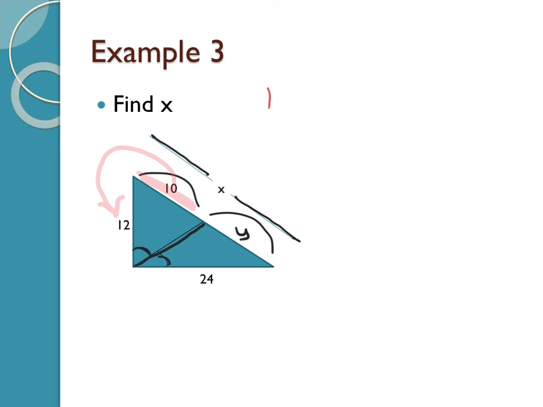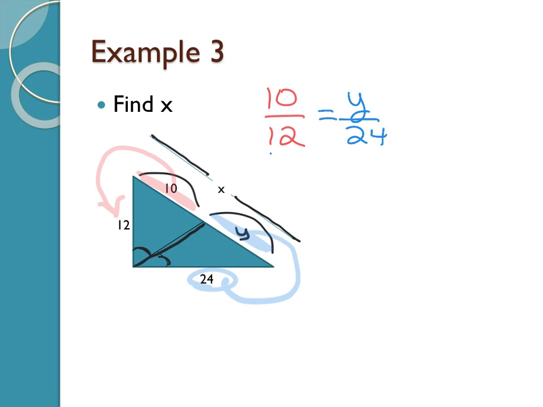So we could do 10 over 12. And then I'm going to take the other piece that resulted from the ray bisecting the angle and put it over its side that it's next to. So here I could do 10 over 12, and then y over 24.